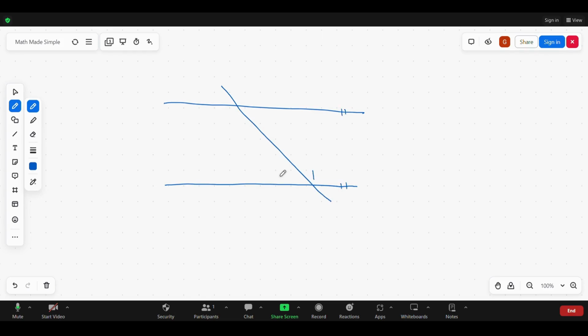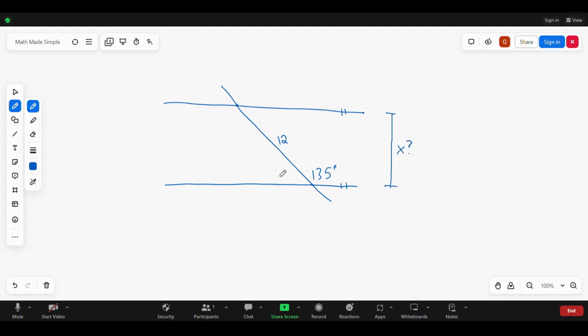Now we're given that this angle measure is 135 degrees, and the length of the transversal between the parallel lines, so not the entire line, just the section in between these two points, has a distance of 12. And what if the question was, how far apart are these two parallel lines?